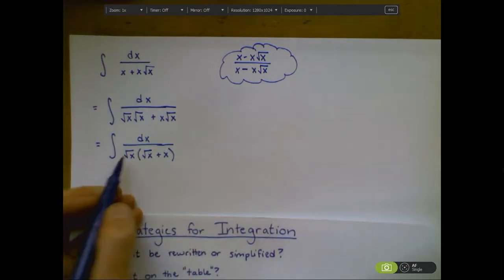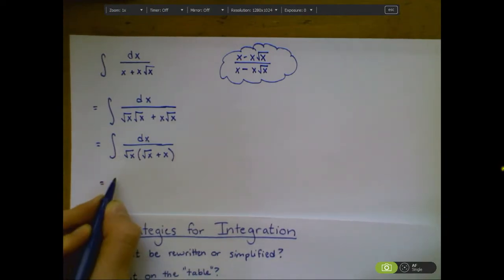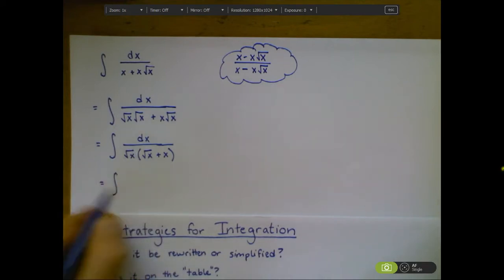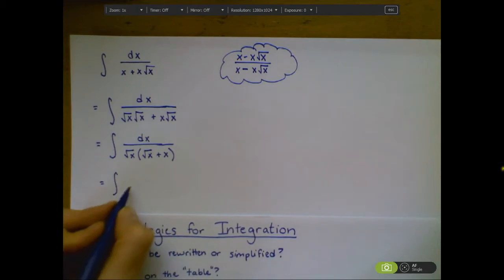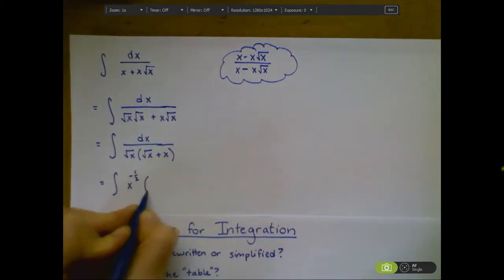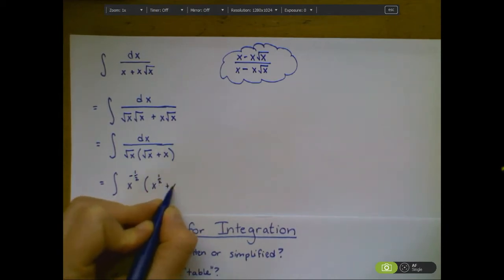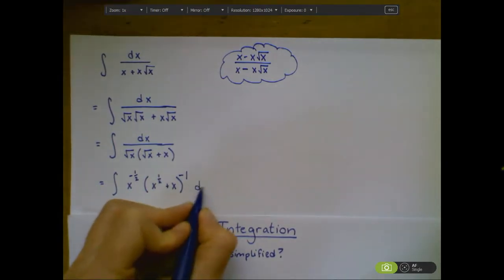Now, the next thing, why would I want to do that? Maybe I'm going to rewrite it one more time. So square root x is the same thing as x to the 1/2. And because it's in the denominator, this is x to the negative 1/2 multiplied by x to the 1/2 plus x all to the negative 1 dx.